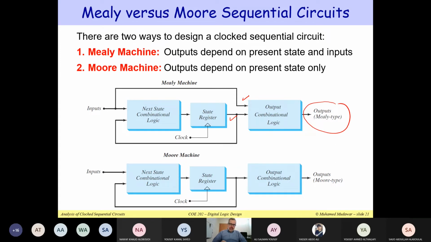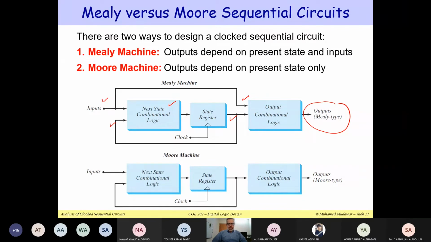Notice that the output here is a combinational logic. This combinational logic will output the outputs of the sequential circuit. It will depend on the present state as well as the inputs. We also have a next state combinational logic that will depend on the inputs as well as the present state. This is how we determine the next state.